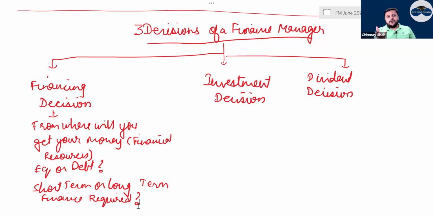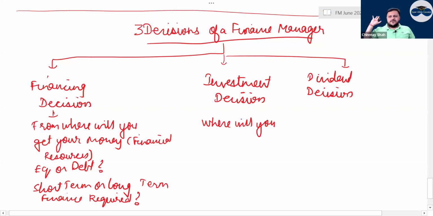From where will you get your money is done. Where will you invest the money that you have got? Did we decide, sir, 125 million non-current assets, 75 million working capital? That is the second decision.